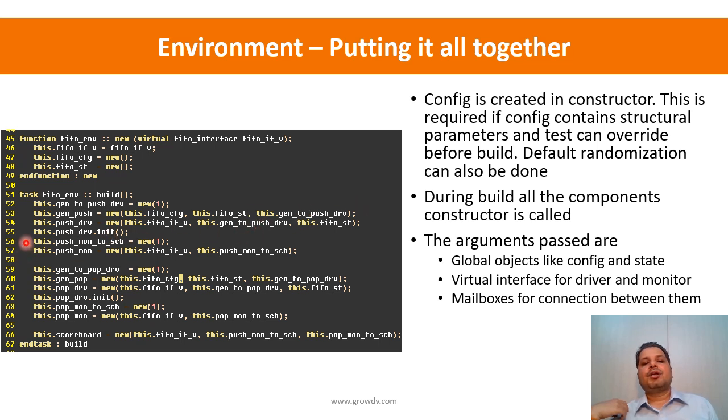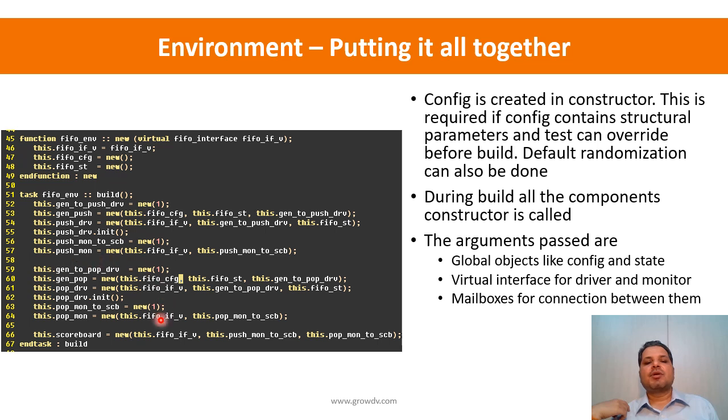And then after doing that, I am calling the init so that any internal initializations that are required for the push are completed, and I'm instancing a monitor to scoreboard mailbox, and I am instancing a monitor, and I am passing the corresponding interface, and then I am passing the corresponding mailbox.